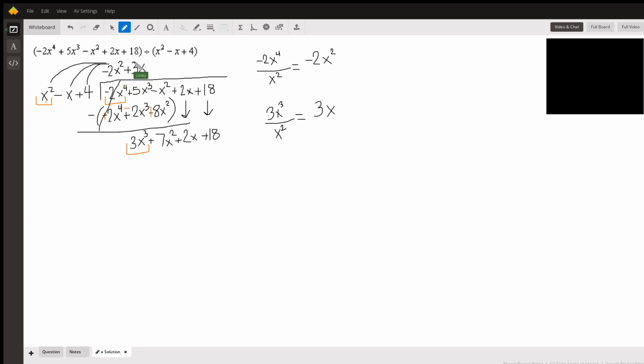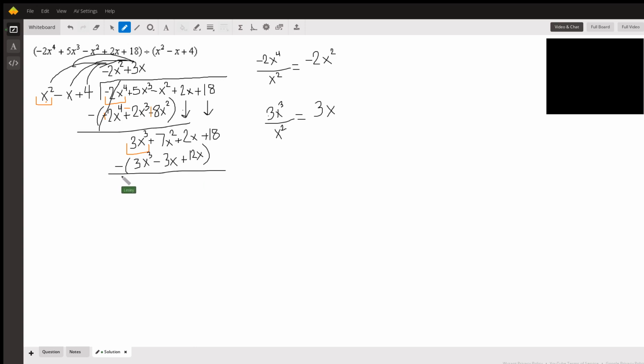Then just like this one, I'm going to be multiplying each. So 3x times x squared is going to be 3x to the third power. And then negative and positive make it negative, so negative 3x times negative x. And then we're doing 4: 3 times 4 is 12x. Okay.